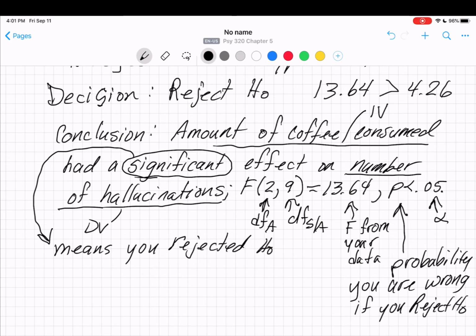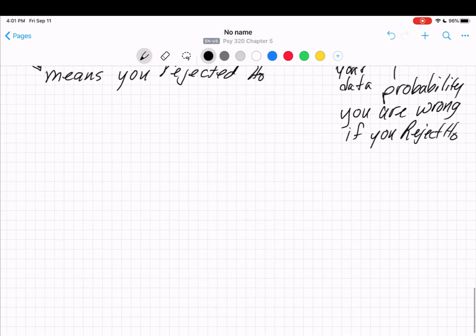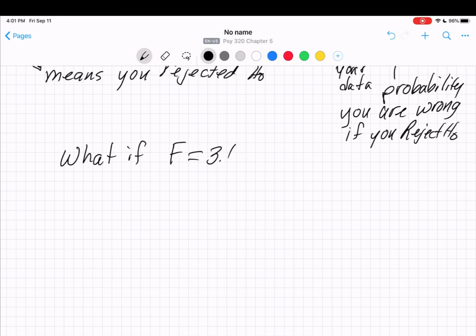All right, so let's talk about what happens if your F value is not larger than your critical value. What if our F was equal to 3.64 instead of 13.64?